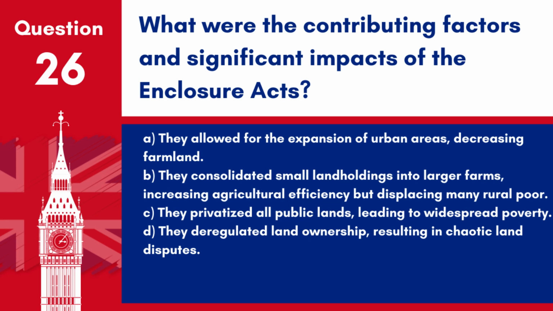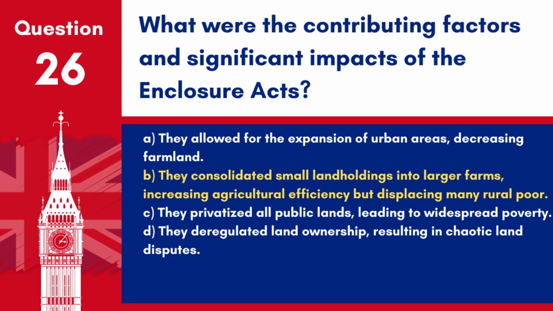C. They privatized all public lands, leading to widespread poverty. D. They deregulated land ownership, resulting in chaotic land disputes. Answer. B. They consolidated small landholdings into larger farms, increasing agricultural efficiency but displacing many rural poor.